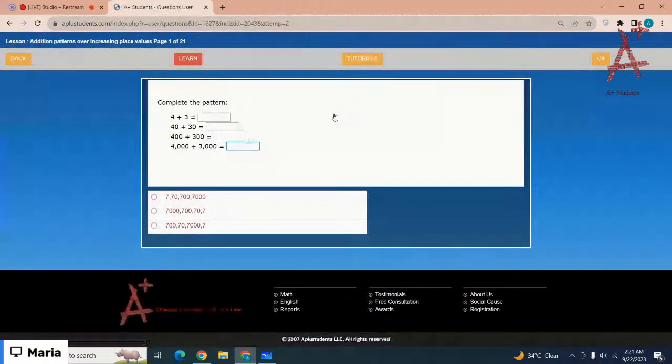Okay, complete the pattern. So which is the correct option? 4 plus 3, 40 plus 30, 400 plus 300 and 4000 plus 3000. Which is the correct option?